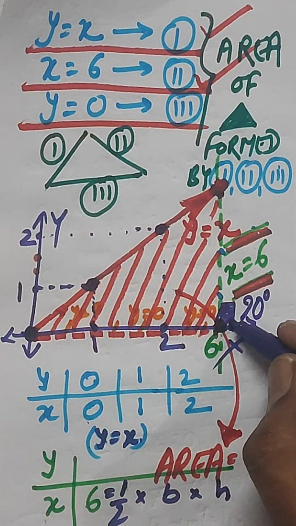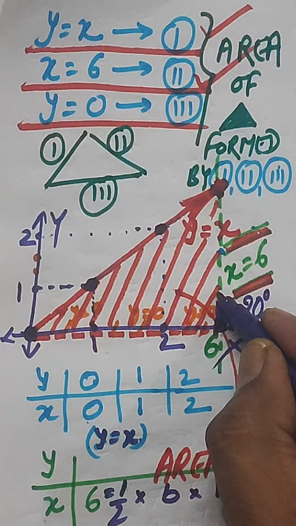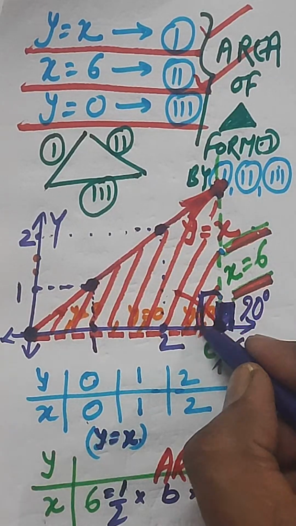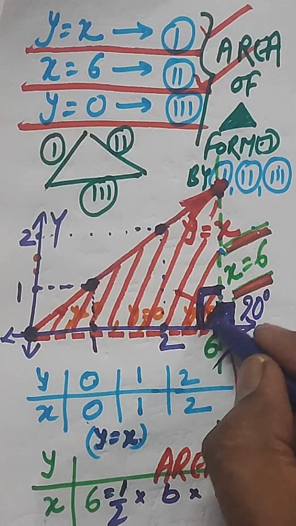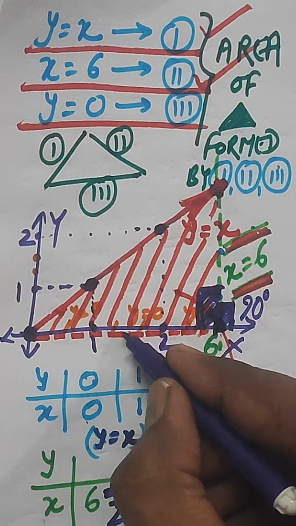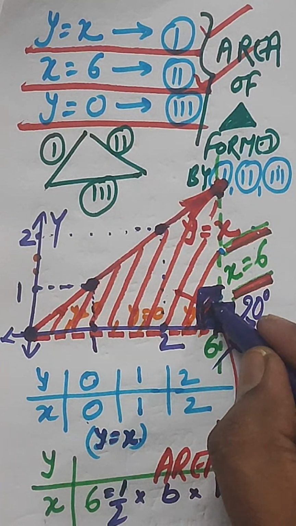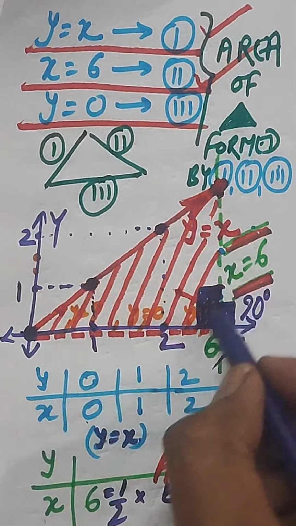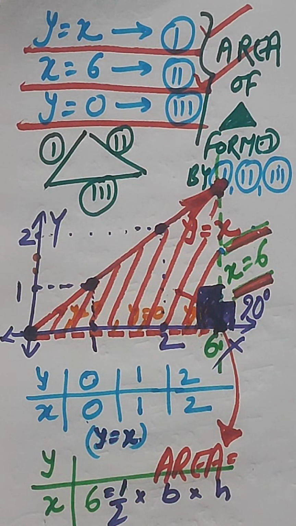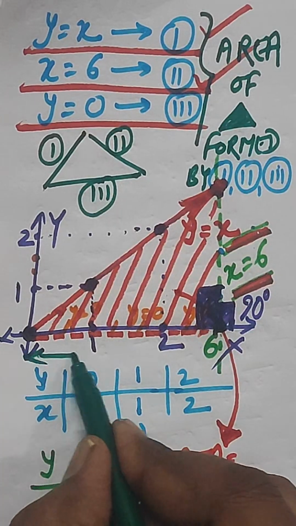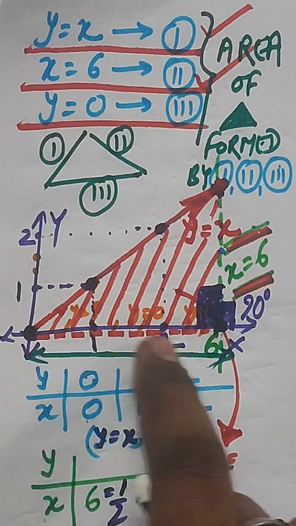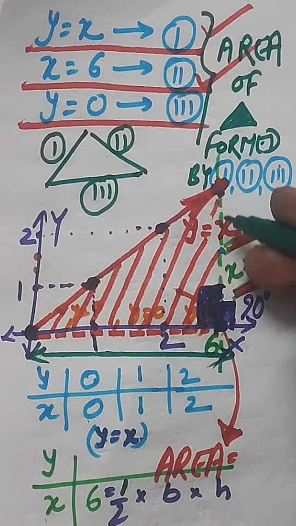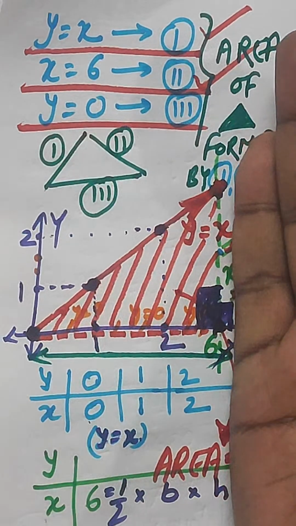If this angle is 90 degrees, that means this triangle's internal angle is also 90 degrees, because it's a straight line, right? So anyway, now to find the area of this triangle, the base will be the length till this. And what is the value of this? You can see this is x equal to 6. So this is making one of the boundaries.